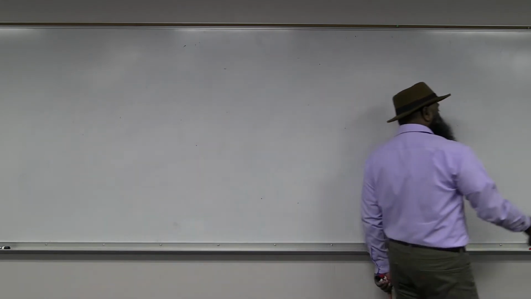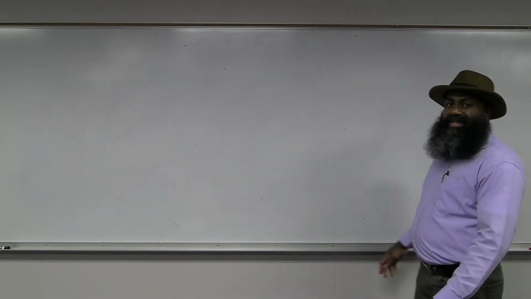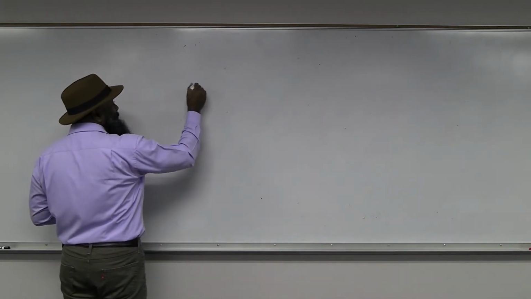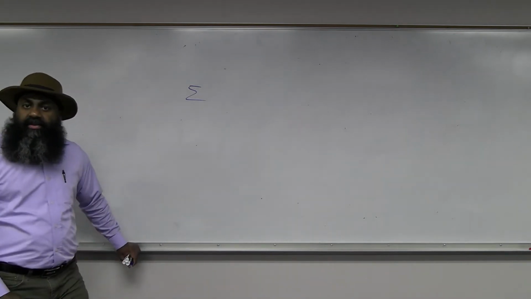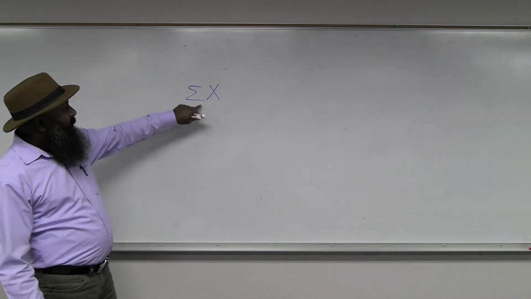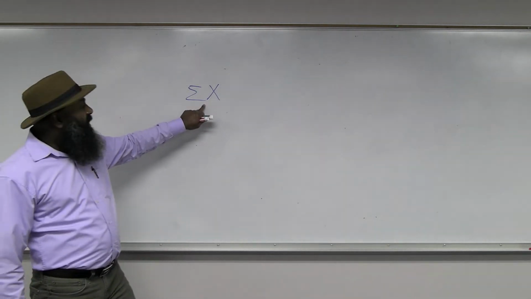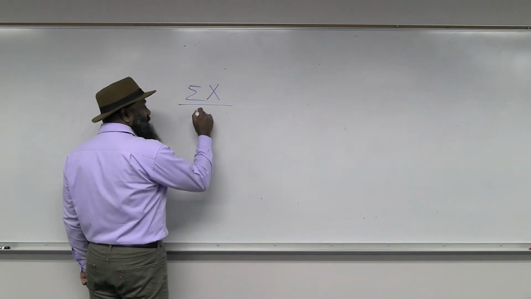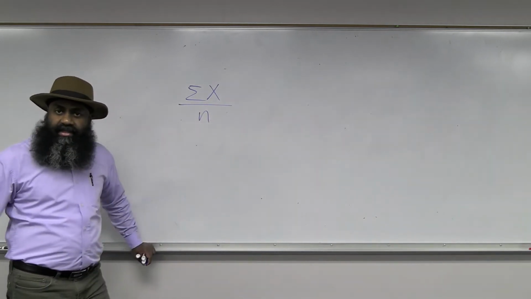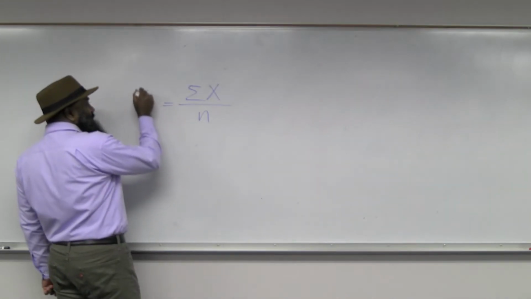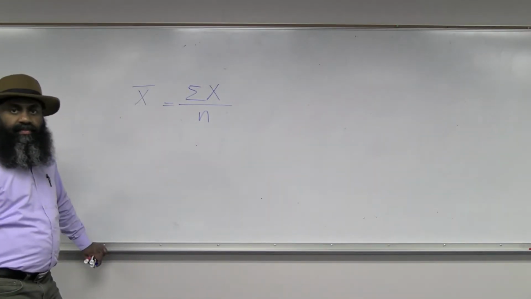What was that symbol? The symbol that we used for summation is sigma. If the variable was labeled as x, this represents the summation of all the data points. And I'm going to divide that by n, where n is the sample size. So this gives us the sample mean, or the average.